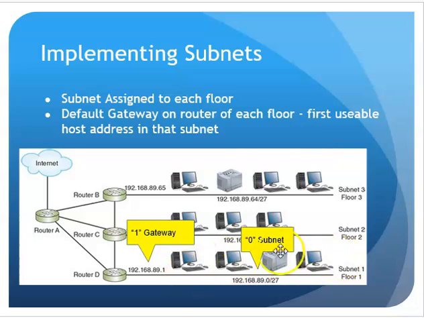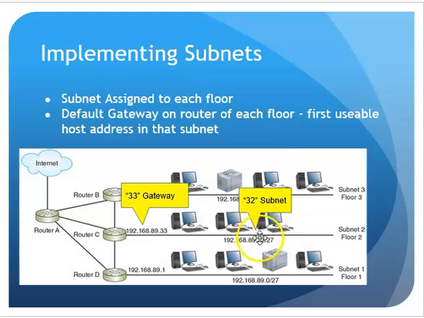All those devices would be on this subnet and have that as the gateway. All of these numbers would belong to the same subnet. The next floor, the 32 subnet, I would assign 33, that first usable address, to the gateway, and then I could assign the computers 34, 35, 36, 37, all of them belonging to this 32 subnet.